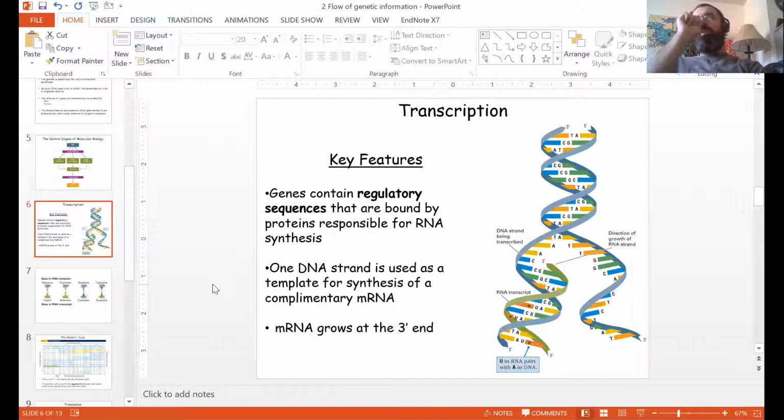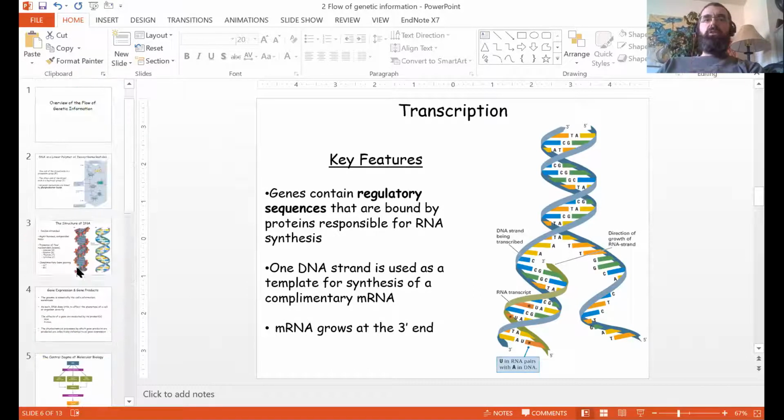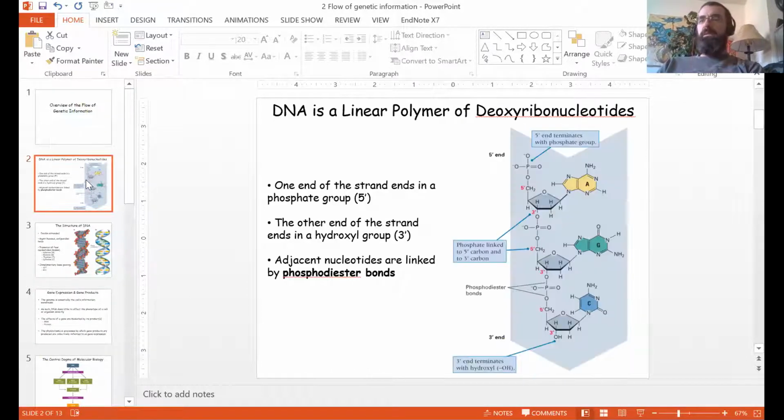Well, I recorded those a little while ago, so hopefully I can remember what I was talking about. Essentially, DNA and mRNA are both nucleic acids. They differ in two main ways. One is that DNA is deoxy.